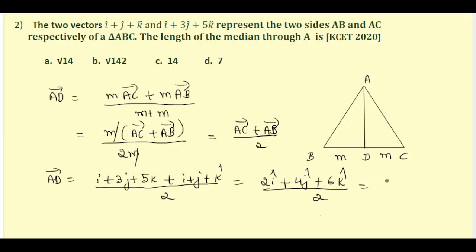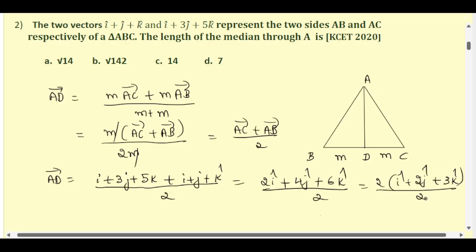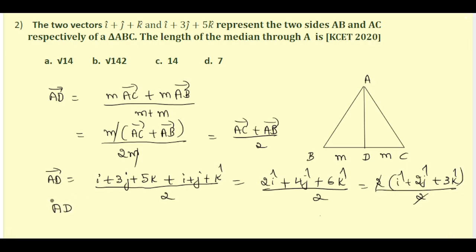We can take 2 as common. So 2 into I vector plus 2j vector plus 3k vector divided by 2. So 2 cancels. So your AD vector equal to I vector plus 2j vector plus 3k vector.